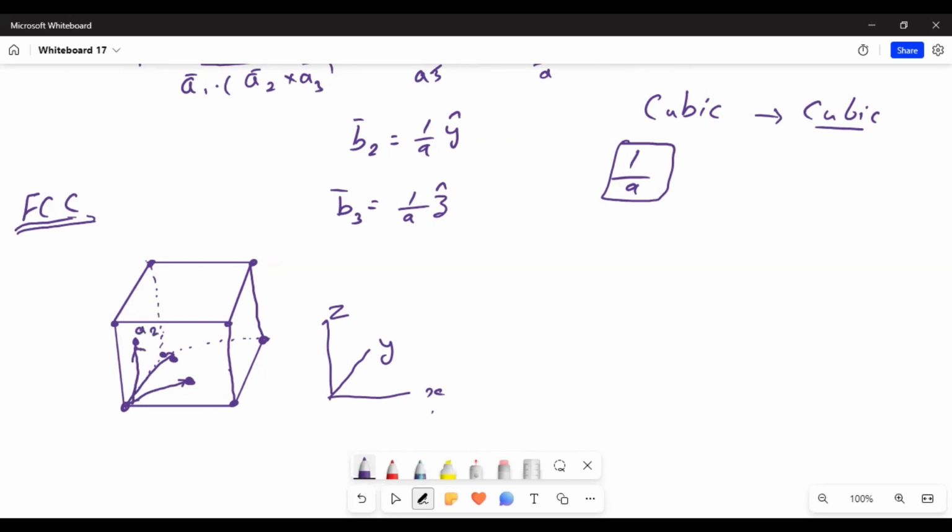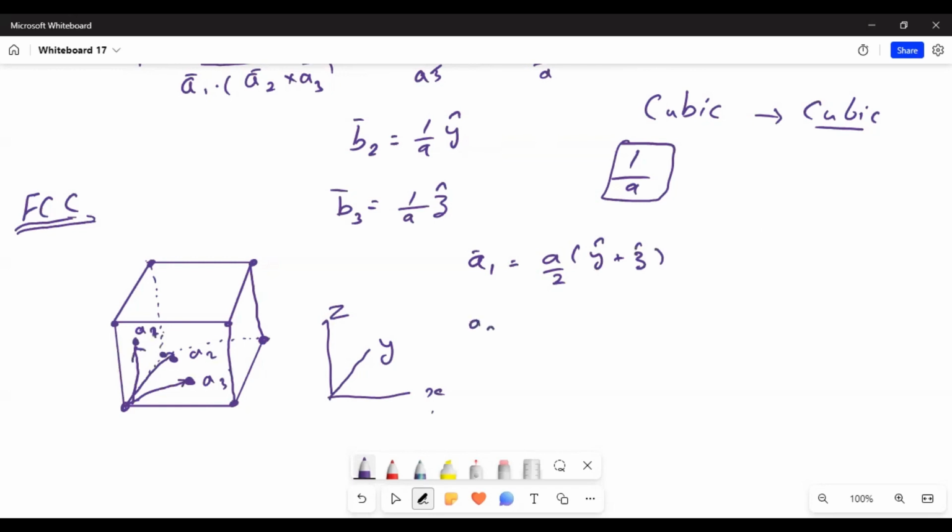A1, A2, and A3 are the real space vectors. If we define them, A1 will be a by 2, so basically half of the distance in the y direction and half of the distance in the z direction. So it will be y cap plus z cap.